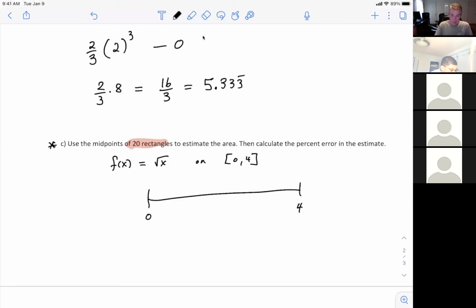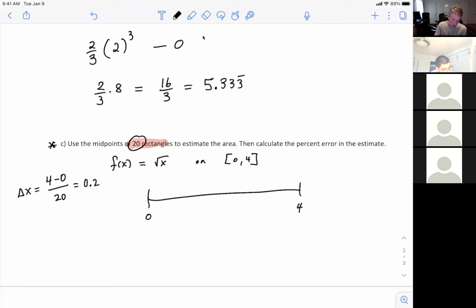And then find delta x. So subtract the two numbers, 4 minus 0, and then divide that into 20 equal pieces. So that would be 4 divided by 20, which reduces to 1/5.